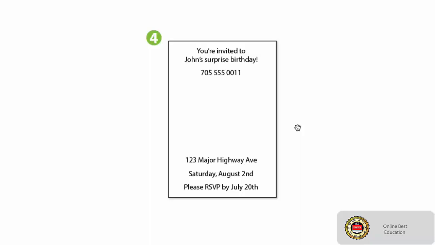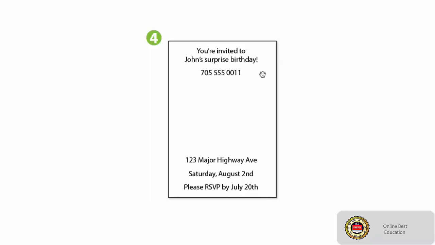The proximity of these various layout elements, and they're just simple text elements, of course, implies some kind of relationship. So, for instance, at the very top it says, you're invited to John's surprise birthday party, and then there's a telephone number. Because these two are placed in close proximity, we're implying to the viewer that these two items are connected in some way.